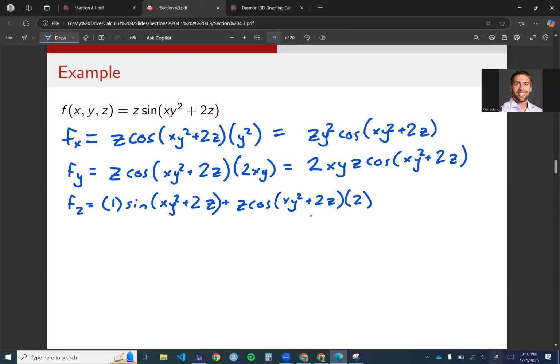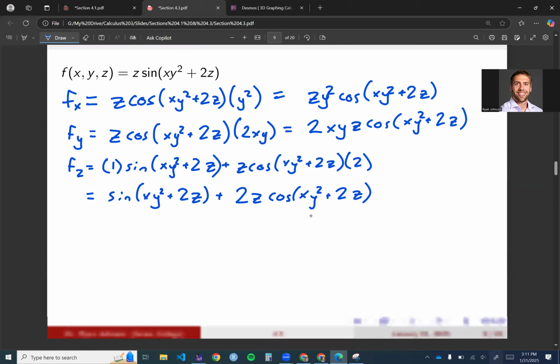So maybe simplify that guy. Sine of xy squared plus 2z plus 2z cosine of xy squared plus 2z. All right. Everyone good with that? Okay.